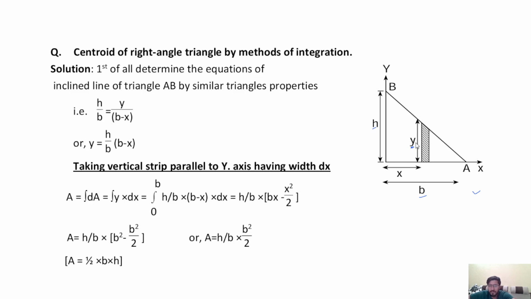So first we determine the equation of this line. That's why we consider the similar triangle property.